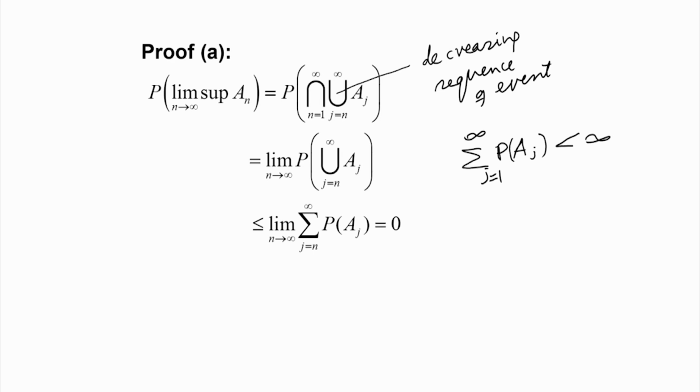So what we have established is that if this happens, then the probability of lim sup of A_n as n tends to infinity, this limiting event, will always be equal to 0. So this is part A of the Borel-Cantelli lemma.